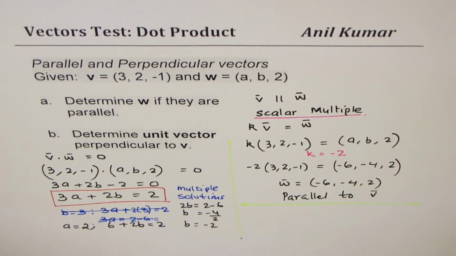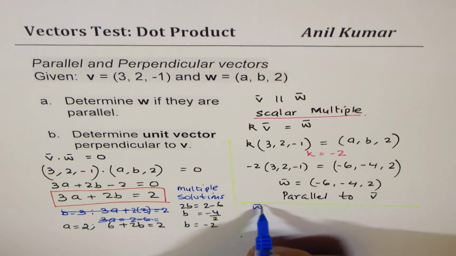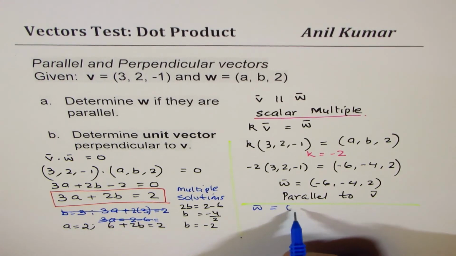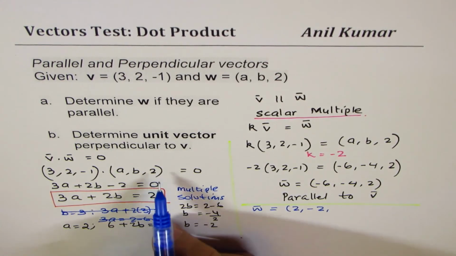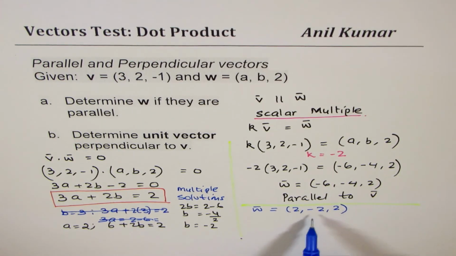I still have some space to work with. The idea is to get the unit vector, right? So we do have w, which is now, since we take a as 2, b as minus 2, perfect, and already we had 2 here. Now definitely this vector is not a unit vector.